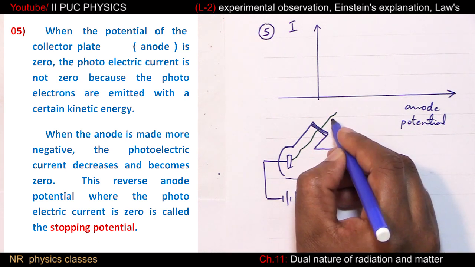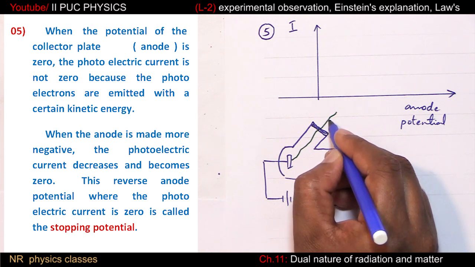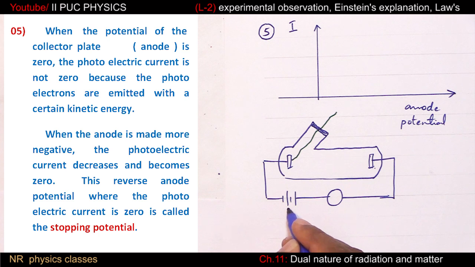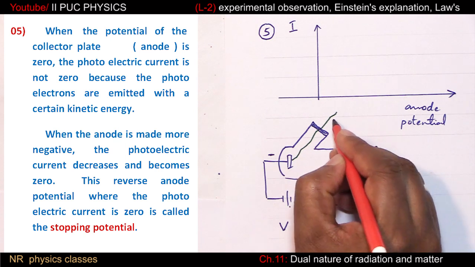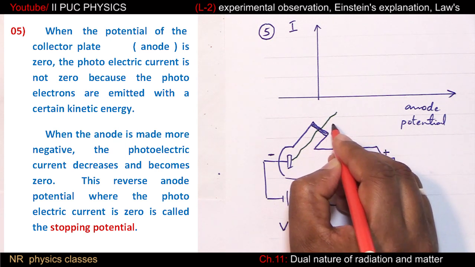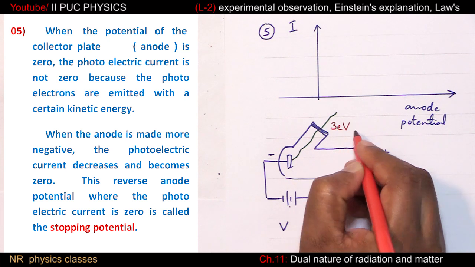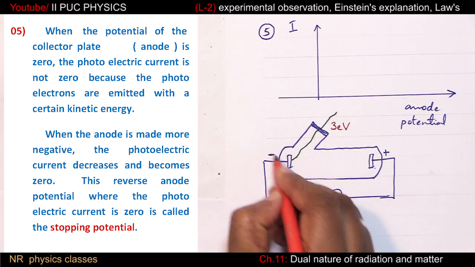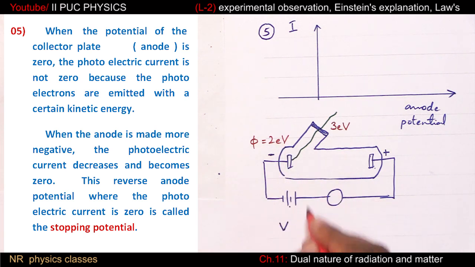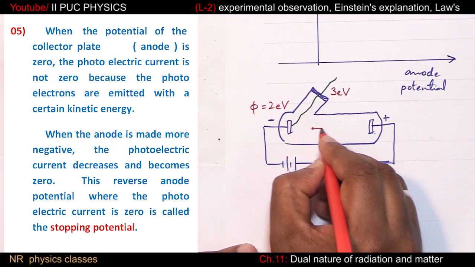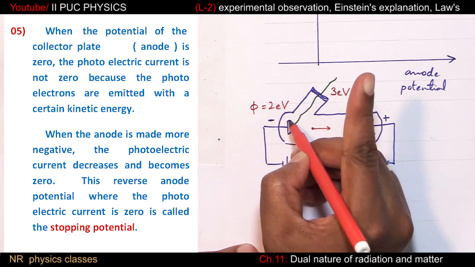Suppose this energy of each photon is sufficient to remove electrons, and we are keeping voltage fixed. This applied voltage is V, negative. So this is minus and this is plus. If energy of incident photon is 3 eV and work function is 2 eV, then kinetic energy is 3 minus 2, 1 eV.